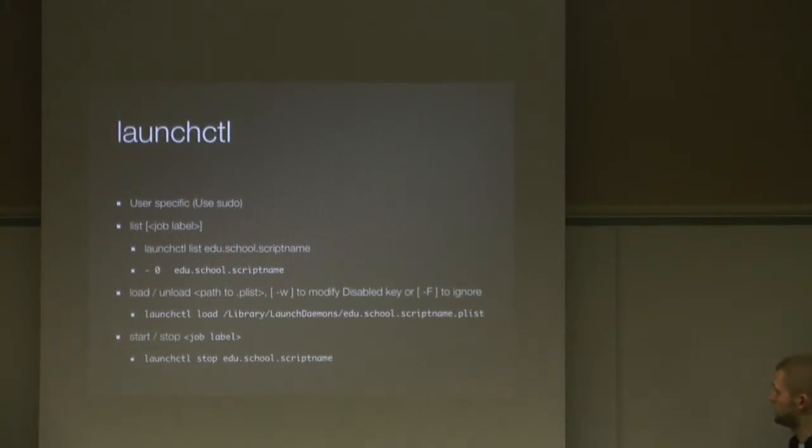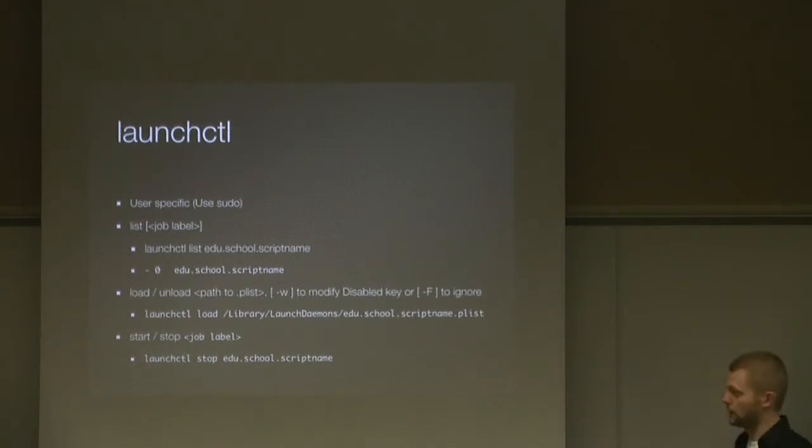When you get that list, you'll get a number of items that look like this. You'll see a dash, and if you see a number there, that's the running process ID. The 0 column shows the last exit status of your job. So the last time this one ran, it was successful, exit 0.